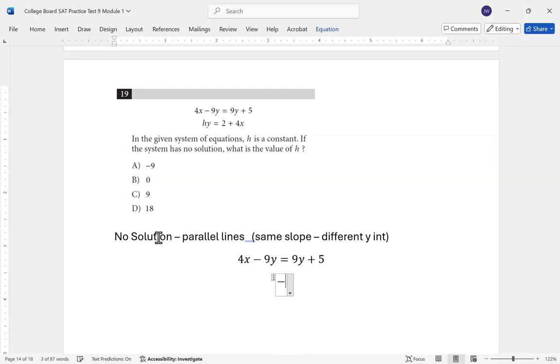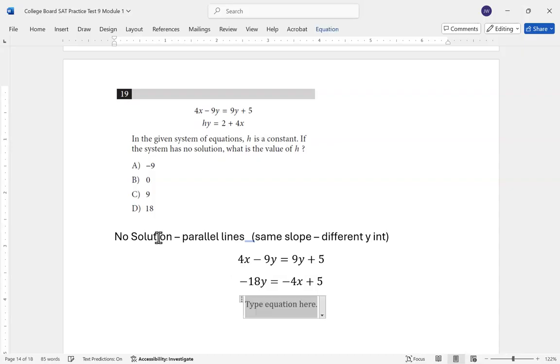If I subtract 4x from both sides, I get negative 9y is equal to 9y minus 4x plus 5. And then I'm going to subtract 9y from both sides to get rid of this 9y on the right-hand side. When you subtract 9y from both sides, you get negative 18y is equal to negative 4x plus 5.